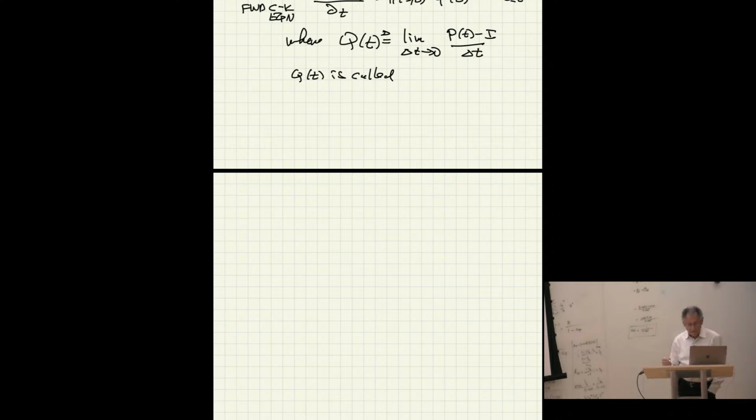It's called the infinitesimal generator of this matrix h of s and t.